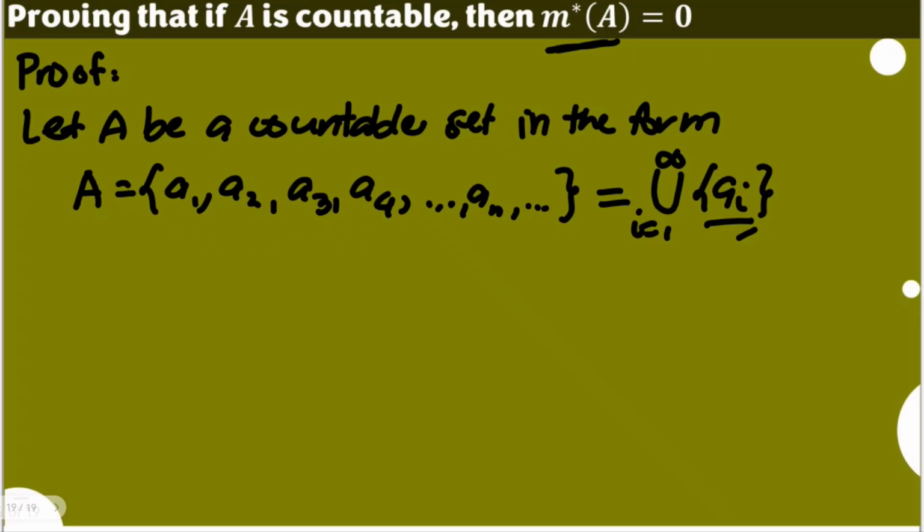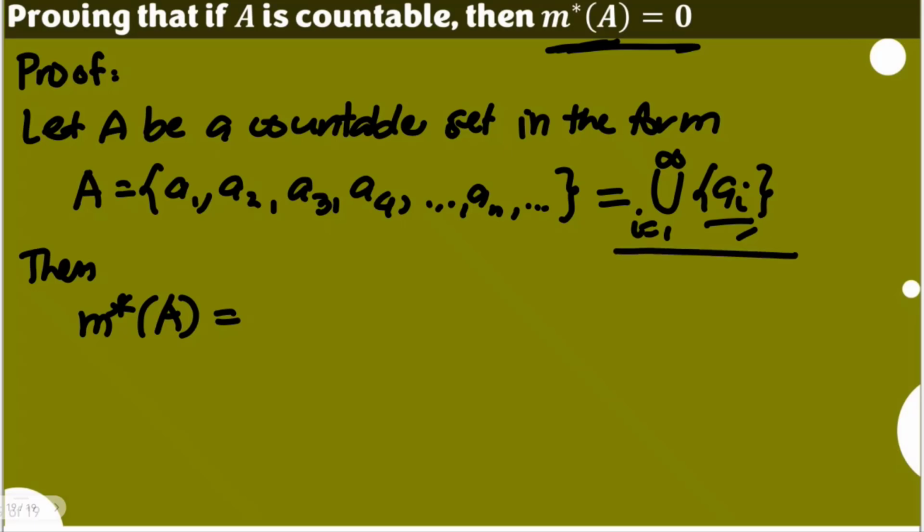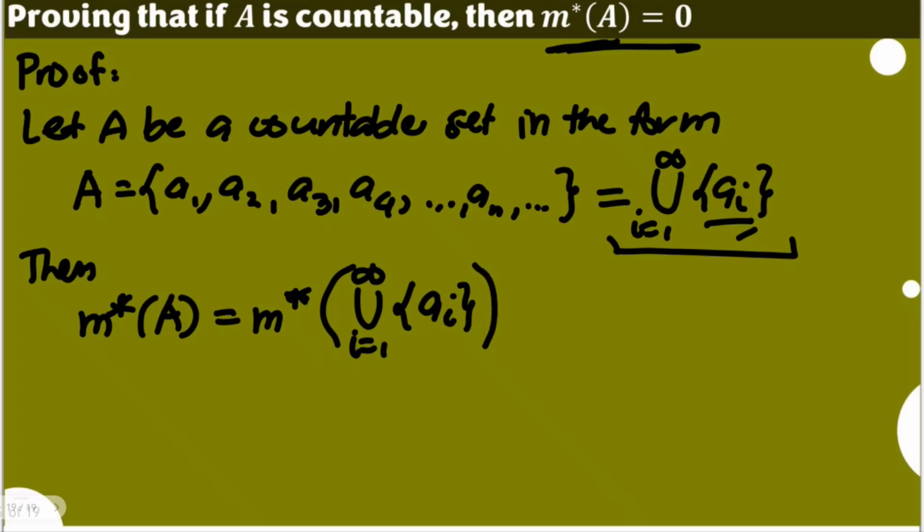We are doing this because, as we will see later on, the Lebesgue's outer measure of A, which we would like to show to become 0, we can now substitute A with this entire expression. The Lebesgue's outer measure of the union of the sets A sub i, where i starts from 1 to infinity. Okay, just like that.